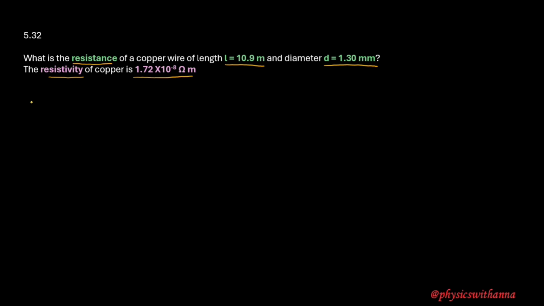So here in this question, I have the length of the copper wire, which is 10.9 meter. Then we have the diameter D, 1.30 millimeter, which you can write as 1.30 times 10 to the power negative 3 meter. From the diameter, we can find the radius of the wire, which is R equals D by 2.